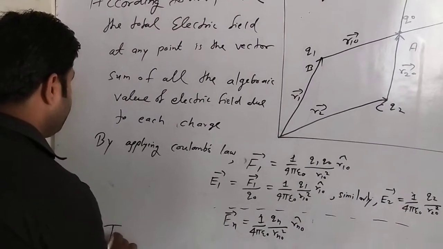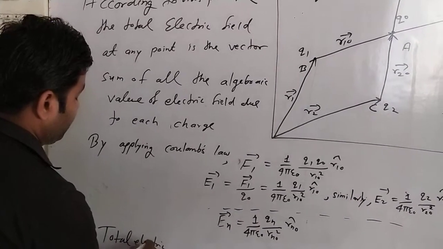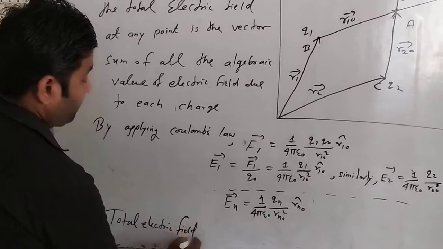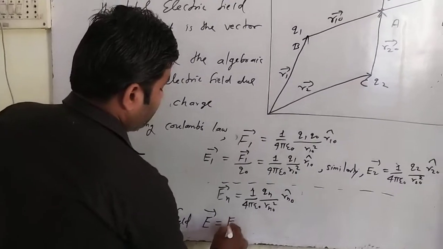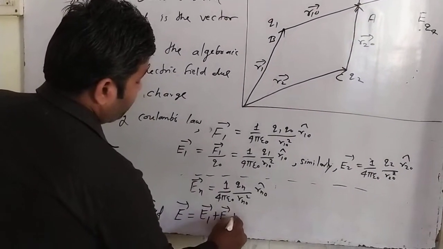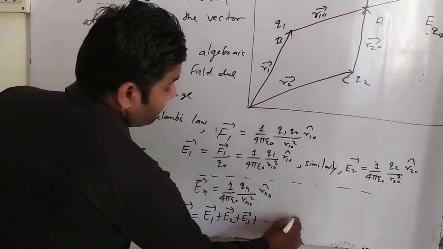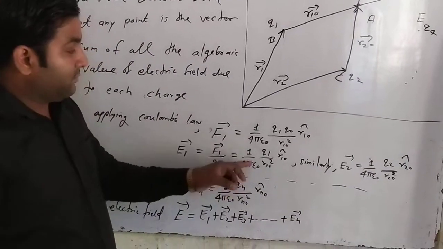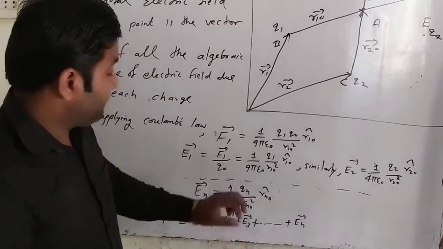Then the total electric field is equal to E1 plus E2 plus E3 plus dot dot dot plus En. When we put in the values of E1, E2, E3 and En, then we will get the final result.